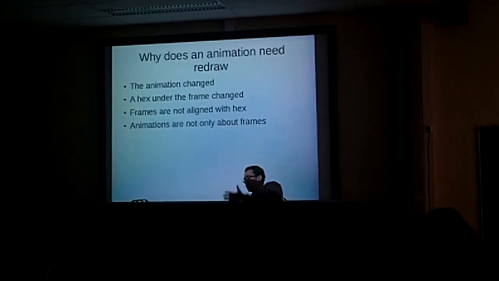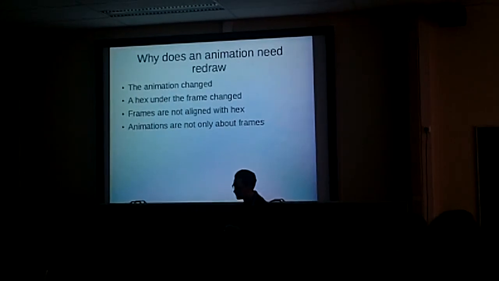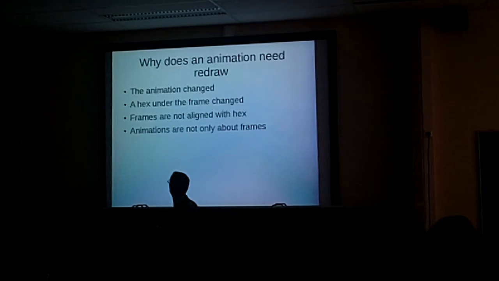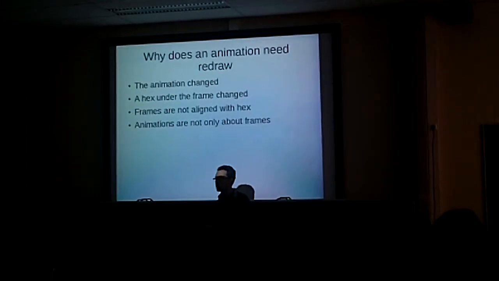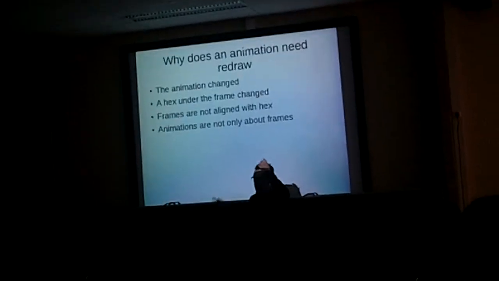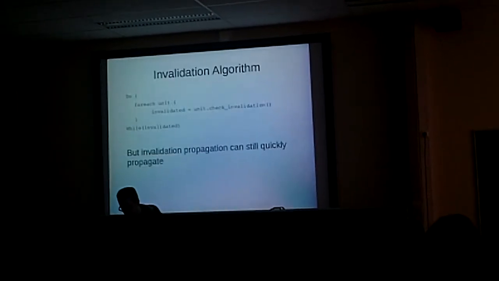So we need to redraw the whole stack, which includes ourselves. And the last problem is that animations are not only about frames. Sometimes we need to redraw because we are playing a sound which triggers some complicated stuff. I won't go into the details, but sometimes we have those redraws that arrive because of animation.